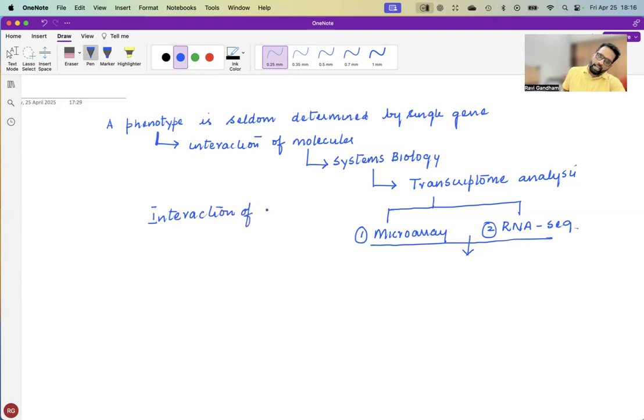So we'll have interaction of molecules, and the molecules that you generally have in hand in the transcriptome are: one, the mRNA, and this is normally analyzed in RNA sequencing.